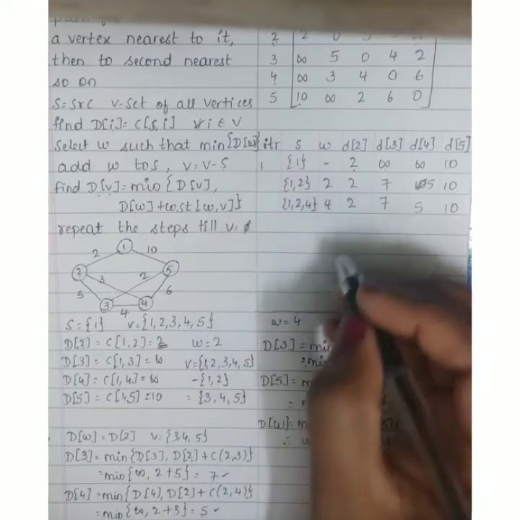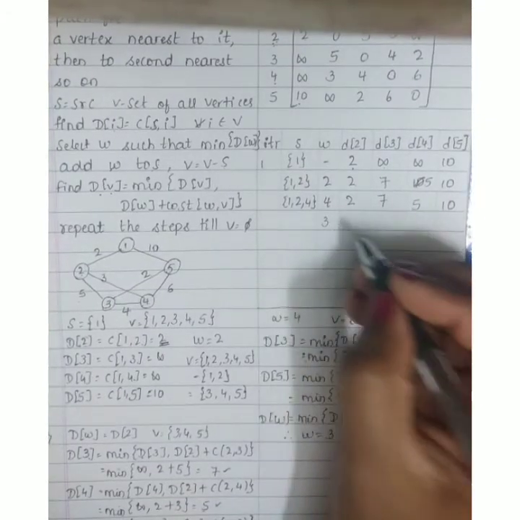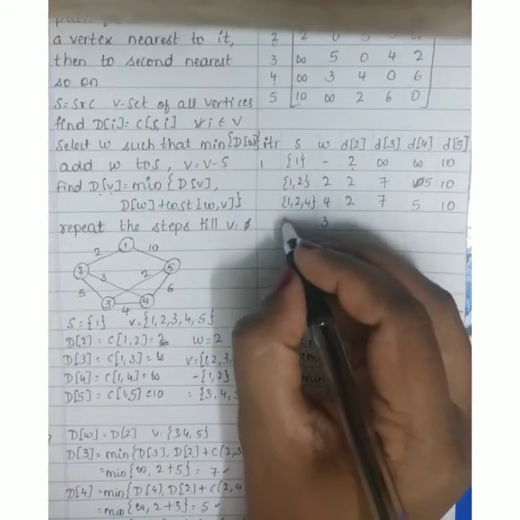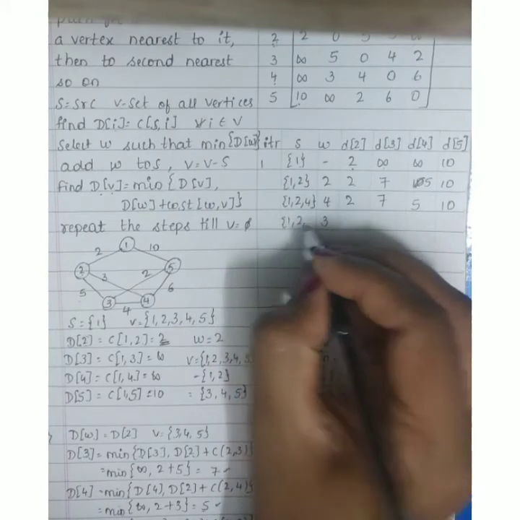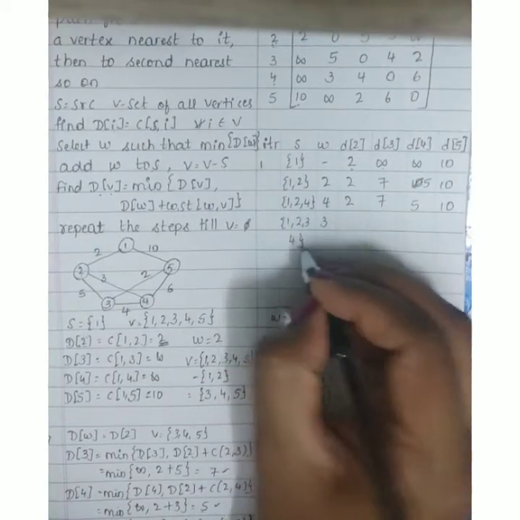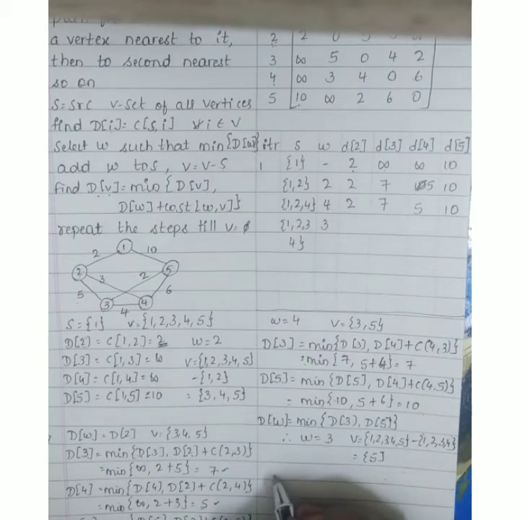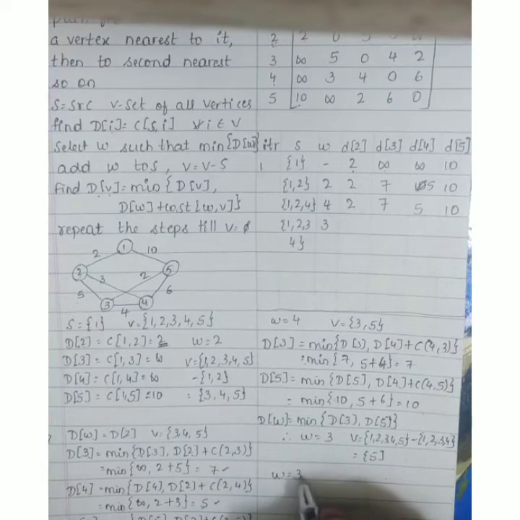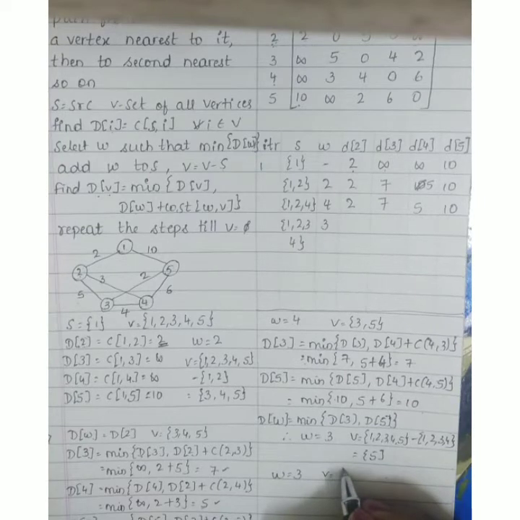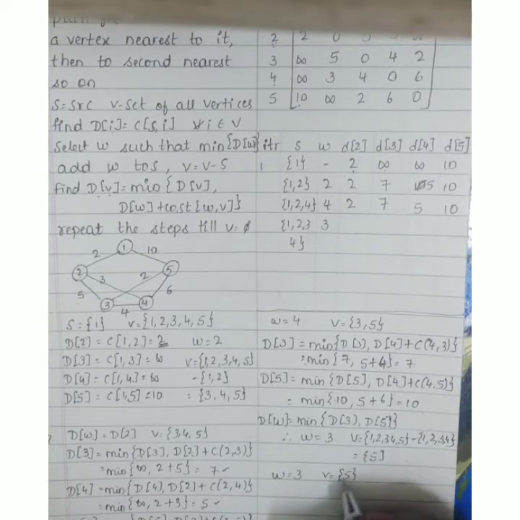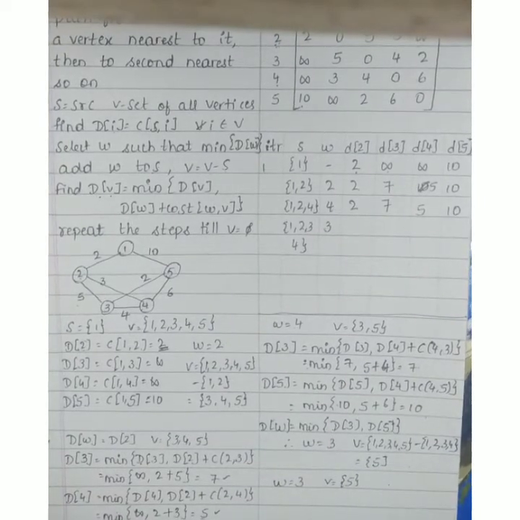Vertex 3 into S. So in this step we have found out w is 3, update S. Now it will be 1, 2, 3, 4. In the last iteration, now W is 3, V is 5. V has only one vertex, 5.